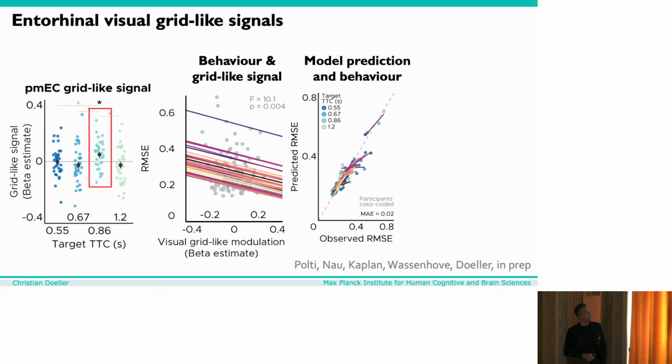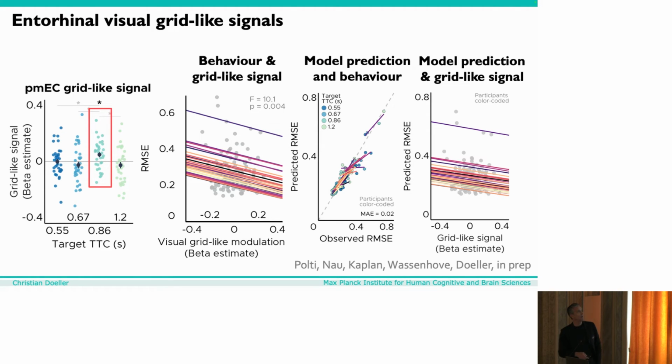Ignacio also uses some Bayesian observer modeling, where he takes the prior in the model as one of the 4 speed levels, and the model fits the data best when you take the 3rd speed level, so the mean across the distribution, as your prior in the model. That explains behavior, and the model-predicted effect on behavior also correlates with this grid-like signal in entorhinal cortex.